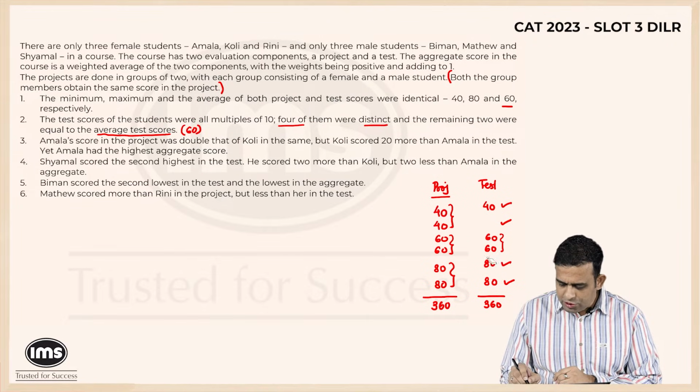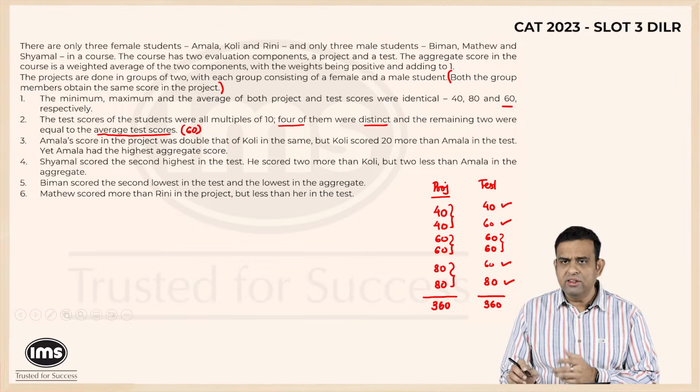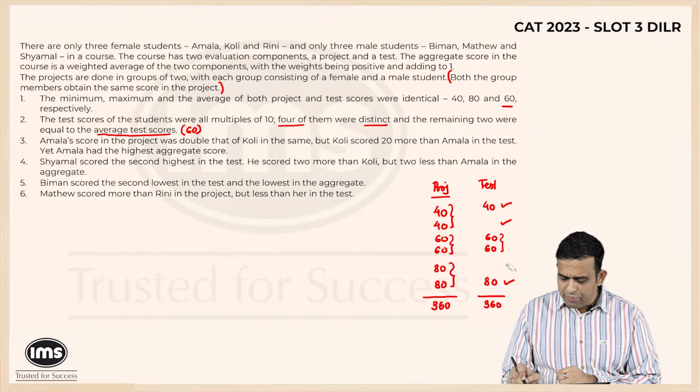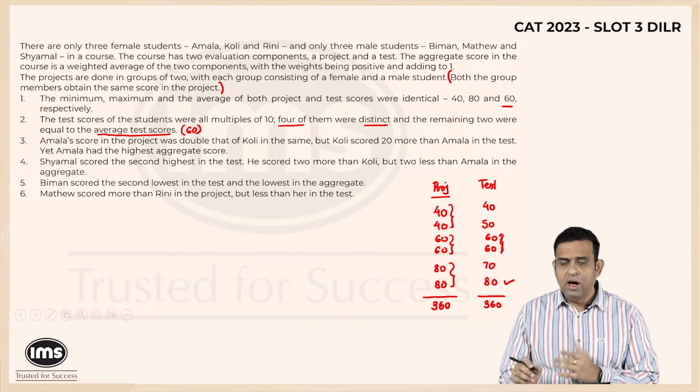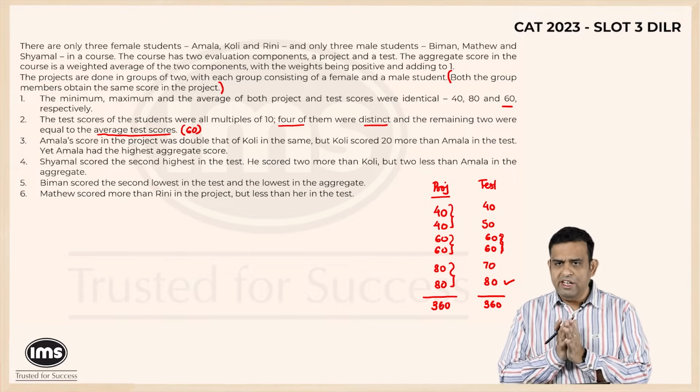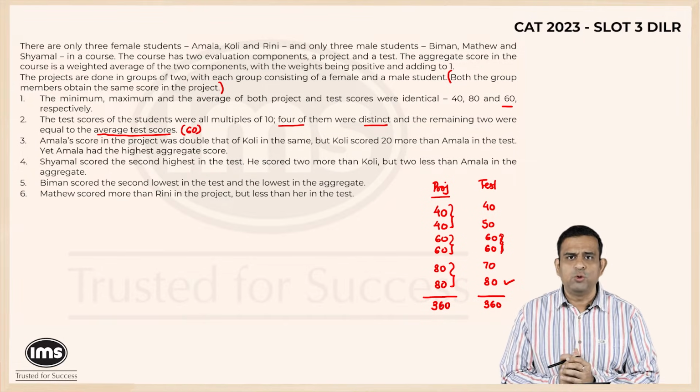Can I have 60 also over here? And the answer is no. In that case, one can see only 3 distinct scores apart from this. Not possible. That means the only possible way to achieve this would be a 50 and a 70 over here. And you can see apart from these 2 scores which were equal, the other 4 were 40, 50, 70 and 80, and they happen to be distinct.